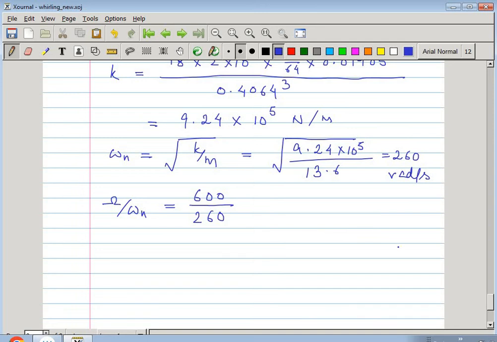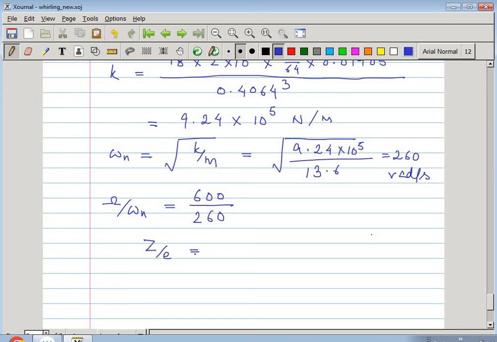So previously it was 600 by 449, and now it is 600 by 260. Now it has become supercritical, it has gone to the region which is more supercritical than the previous one. So omega by omega n is higher, so it has gone more in the supercritical region.